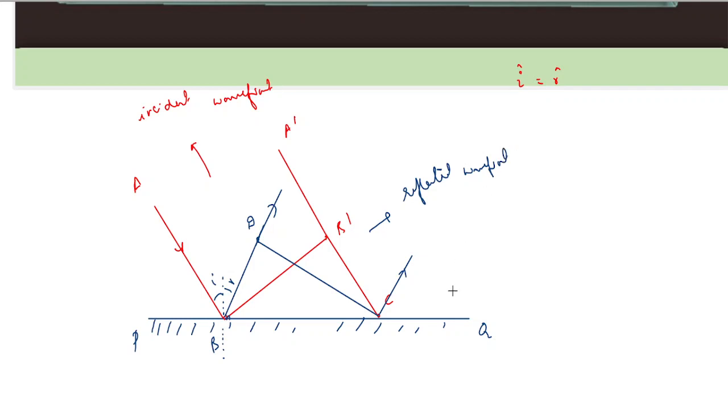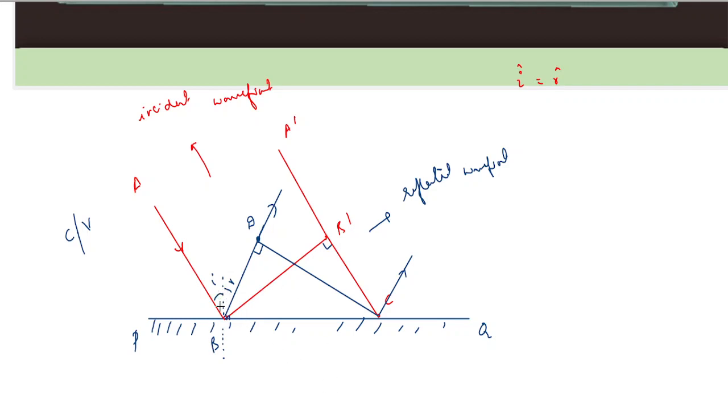Let's assume that it's in a medium where the speed is taken as v. If it's air, then the speed becomes c. Let's take a general medium v. Now the angle made here is 90 degrees, it's a common tangent. Similarly, the angle made here is 90 degrees because BB dash is a common tangent.